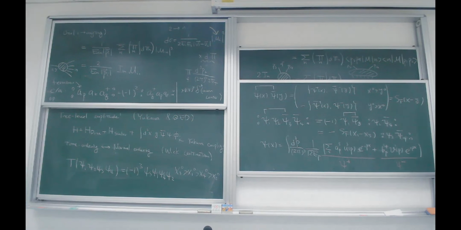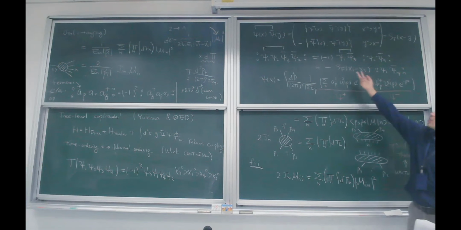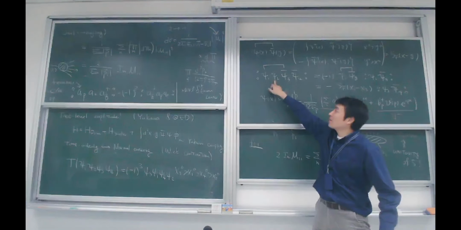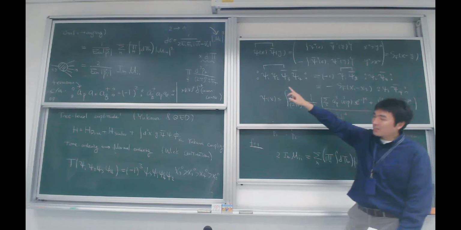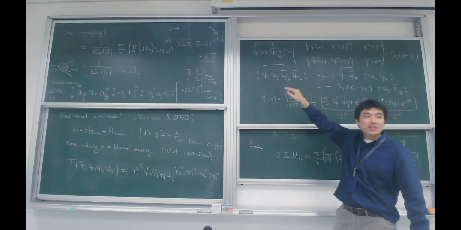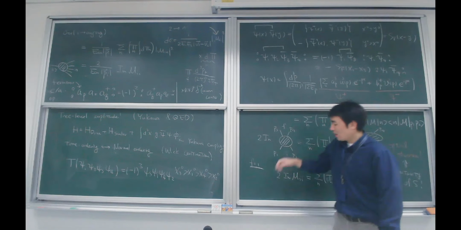So therefore, you take a contraction. You cannot take a contraction between psi 1 and psi 2, because to get the fermion propagator, you always need a contraction between psi and psi bar. Otherwise, it doesn't make sense. Okay, that's a rule.